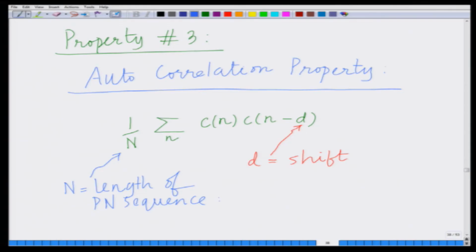This is the definition of the autocorrelation, which is basically 1 over N summation of Cn multiplied by Cn minus d.